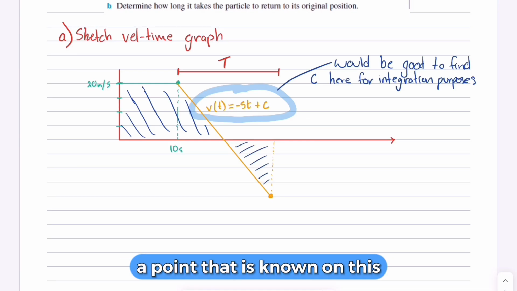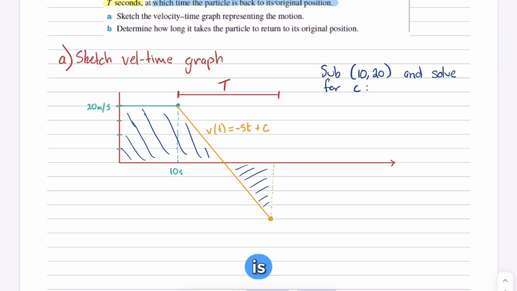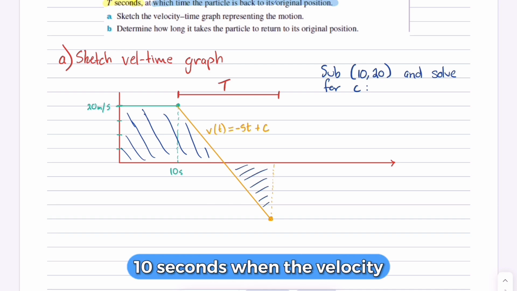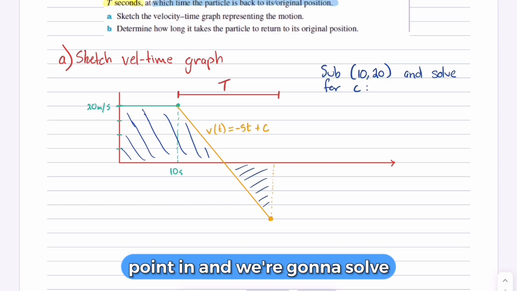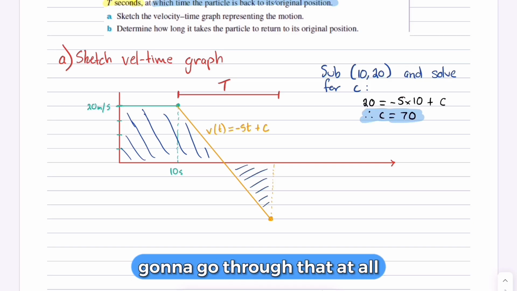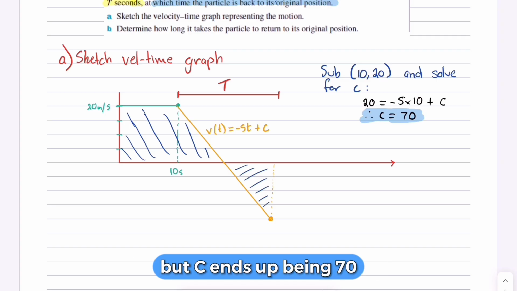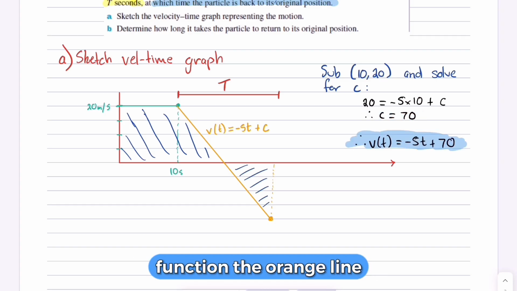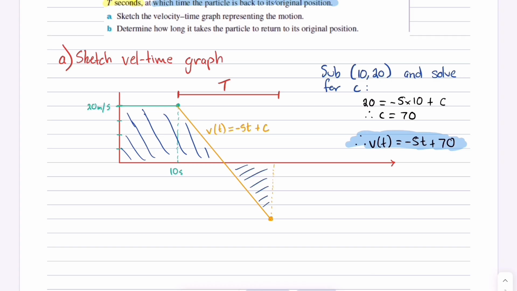A point that is known on this line is (10, 20), because the time is 10 seconds when the velocity is 20. So we're going to substitute that point in and solve for c. Doing a bit of rearranging and solving, c ends up being 70. So that velocity function, the orange line, is -5t + 70.